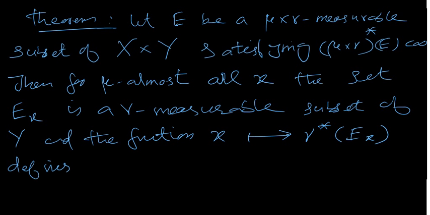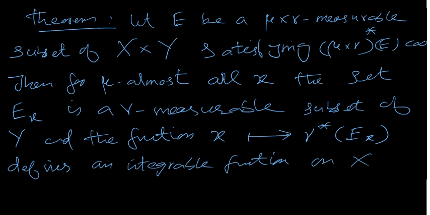So this is a function from X to R actually. But here it is finite because the measure of E is finite. So you have to show that this defines an integrable function on X.